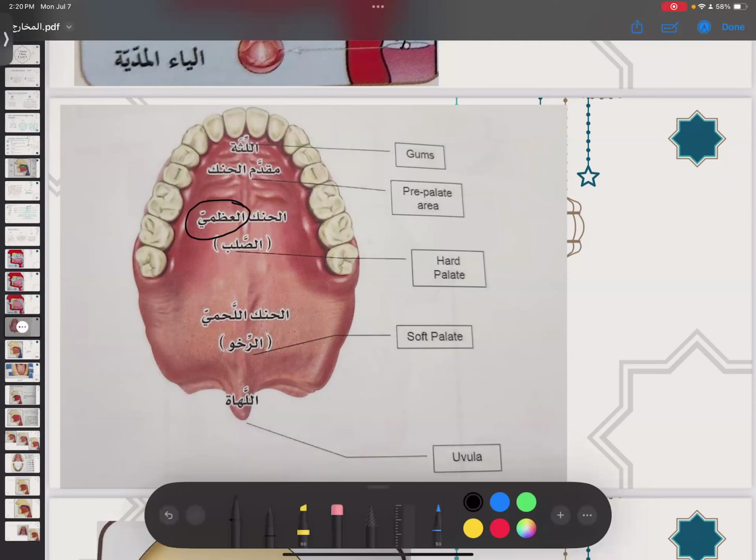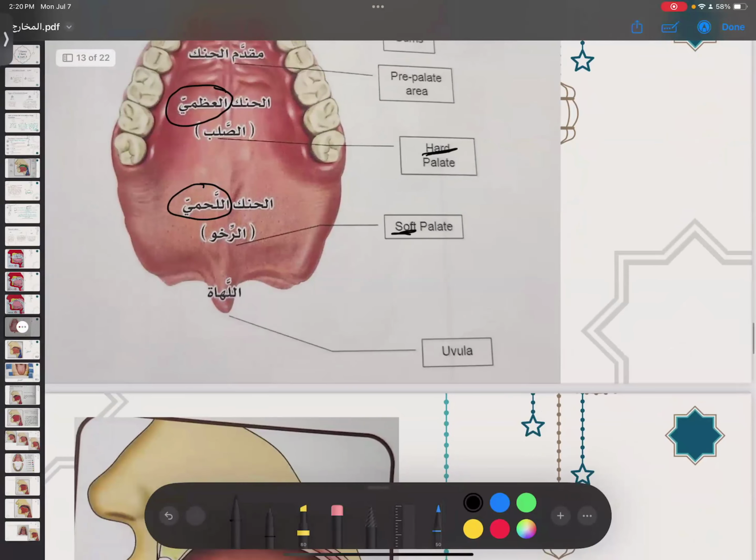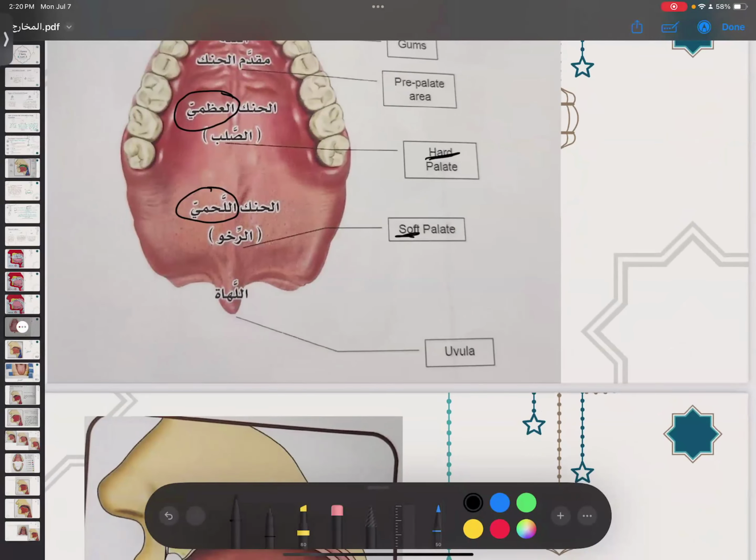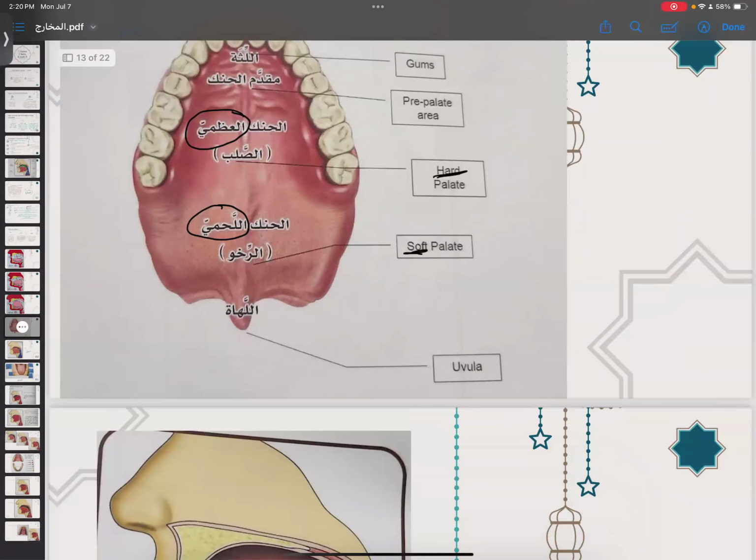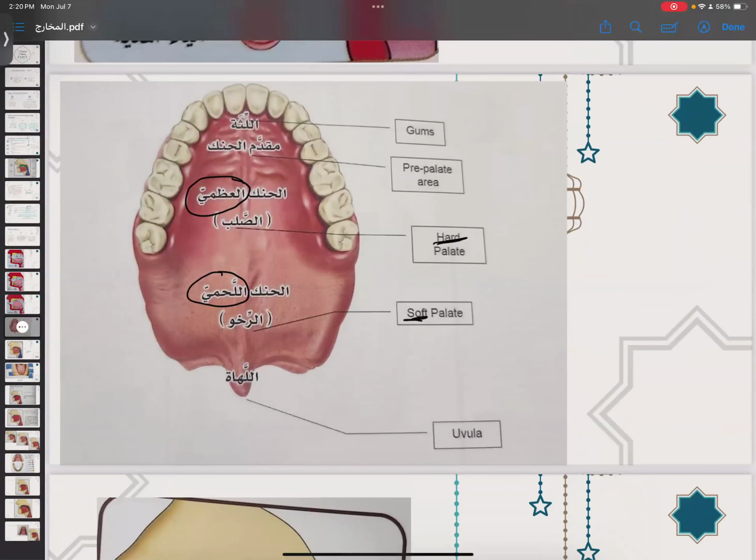And then اللحمي comes from like the meat or the muscle, so that's why it's the soft palate. And then اللحى, which is the uvula. So the different textures or feelings in the mouth is what makes different sounds, because each part of the mouth has a different feeling to it, so they will all produce different sounds.